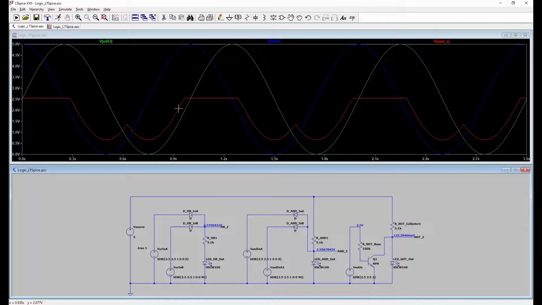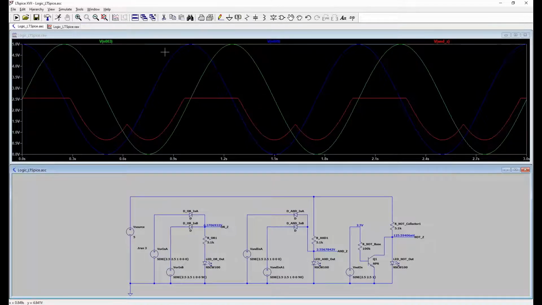If we call it high above 2 volts and below 2 volts is low, then it goes high when the minimum voltage on both is above about 1.25 volts.